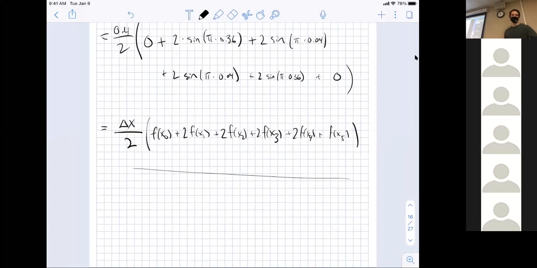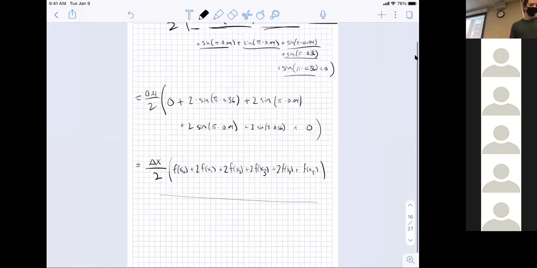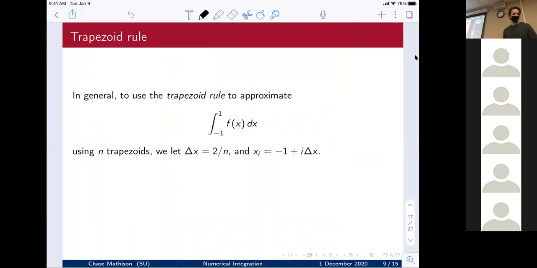Okay. And in general, to use the trapezoid rule to approximate the integral from -1 to 1 of f of x with respect to x. By the way, why -1 to 1? Well, I'm not going to have time to get into it, but you can actually translate this to any integral by using a u substitution, which is pretty fun. Okay, but we're only going to focus on integrals from -1 to 1 for numerical integration.